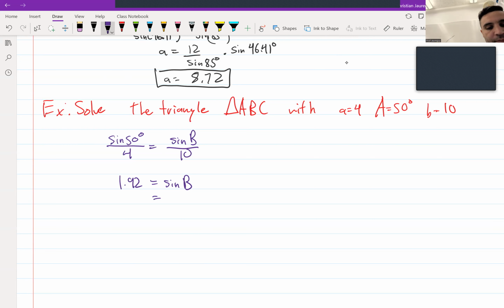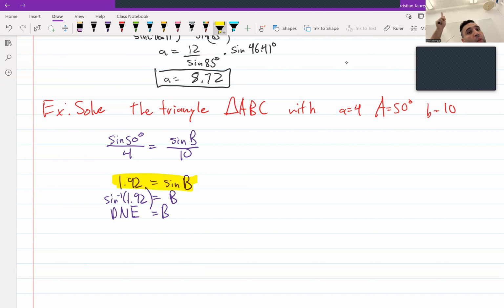And no problem, B equals sine inverse of 1.92. And hopefully you notice in your calculator, B does not exist. Error. It doesn't make sense. And that should be clear at this point, really, because remember this graph of sine, it bounces back and forth between -1 and 1. It never goes above 1. So it'll never hit 1.92.